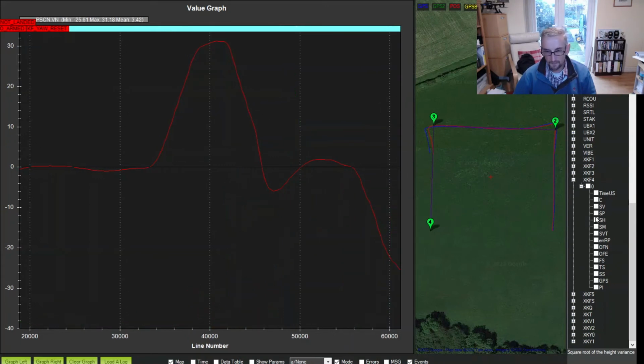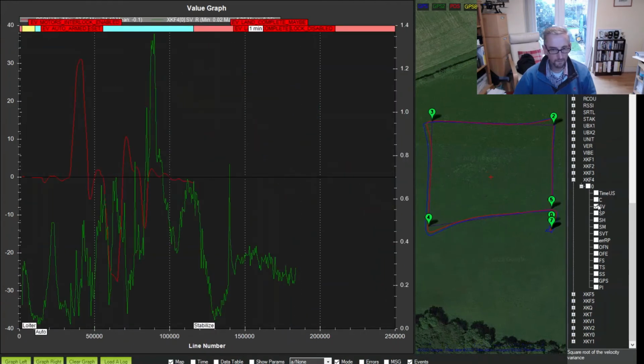And then let's have a look at the velocity variance. The velocity variance is also very, very unhappy. It gets up to 1.3. Velocity measured, I think, is a combination of GPS and inertial nav.